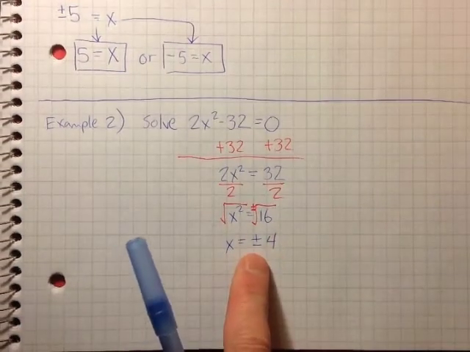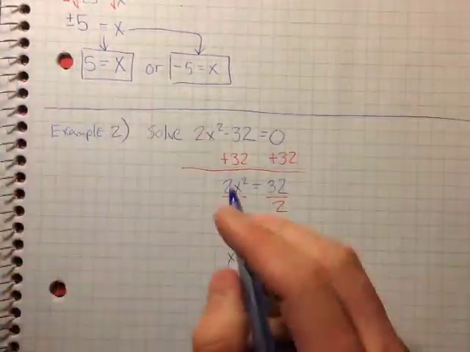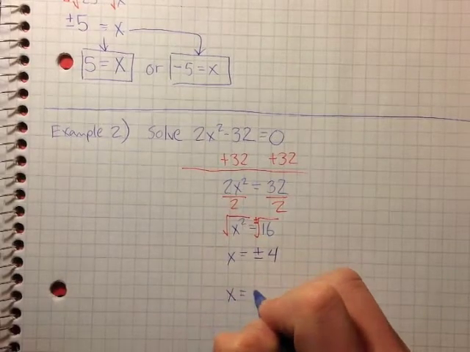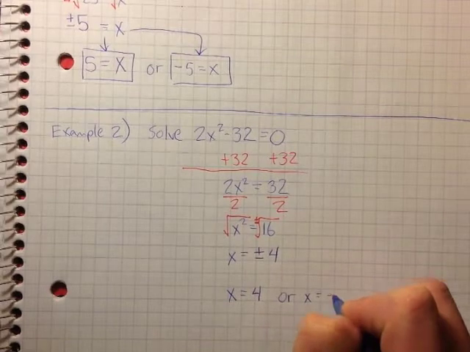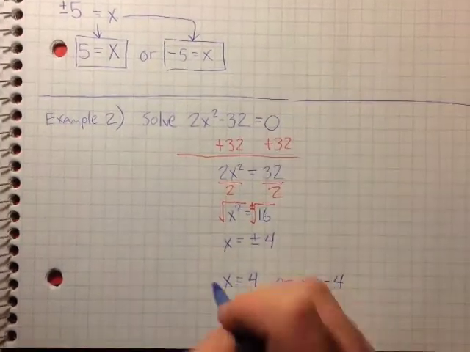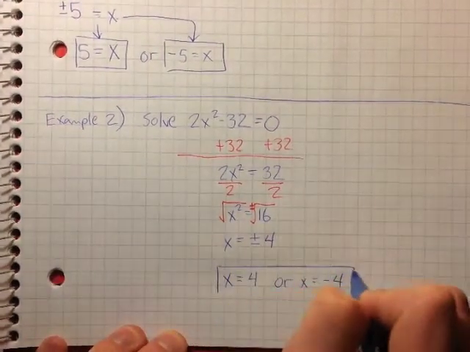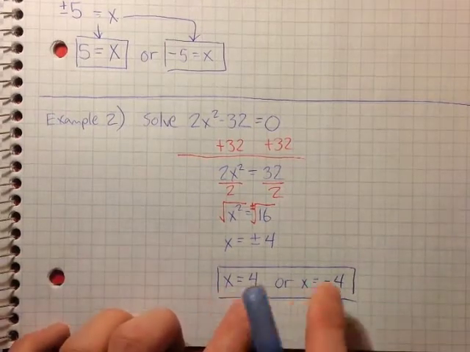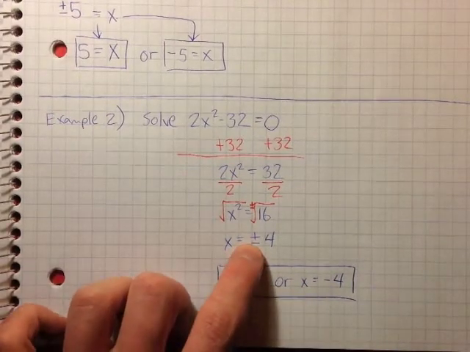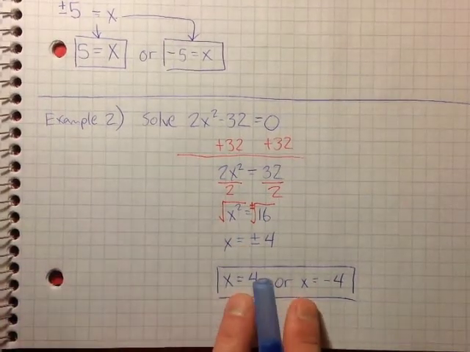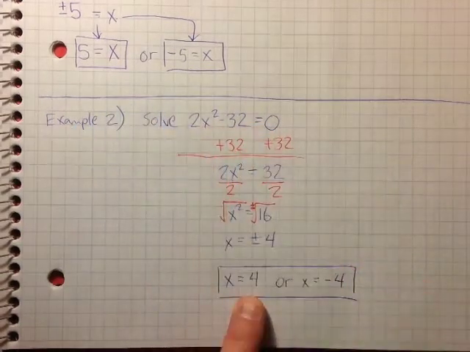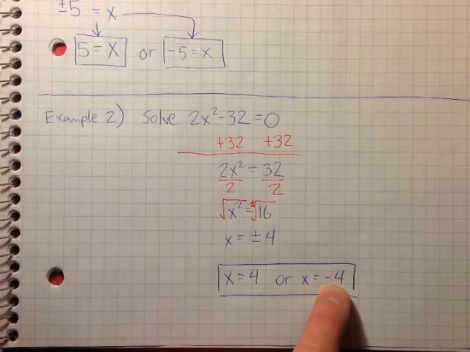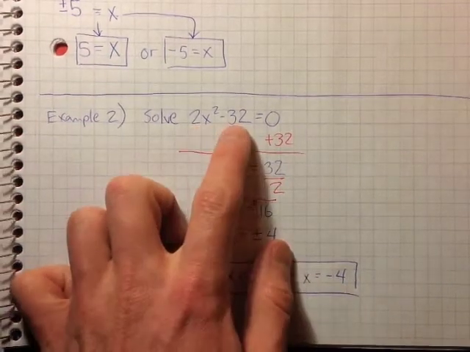Just like it did up here, this means that x equals positive 4 or x equals negative 4. This is exactly what that means. So we have, again, two possible solutions to this quadratic equation, positive 4 and negative 4. Both of these will make that equation true.